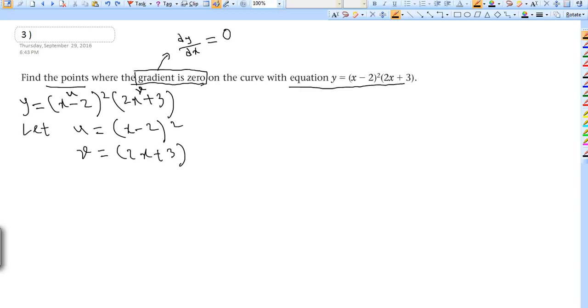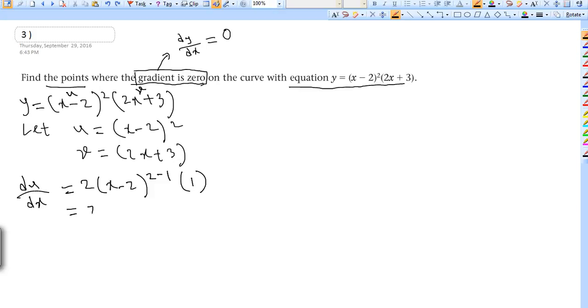Now let us differentiate du by dx. Since this is a power term, we're going to use the chain rule. So 2 comes first, then (x minus 2) to the power 2 minus 1, then the differentiation of x is 1 and minus 2 is 0.